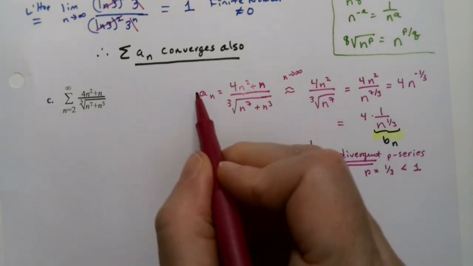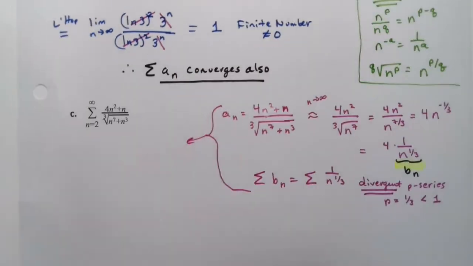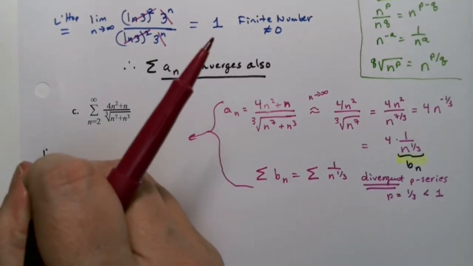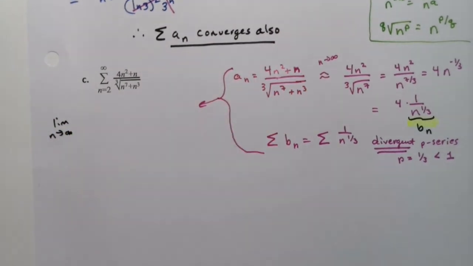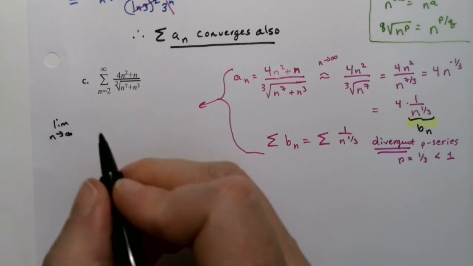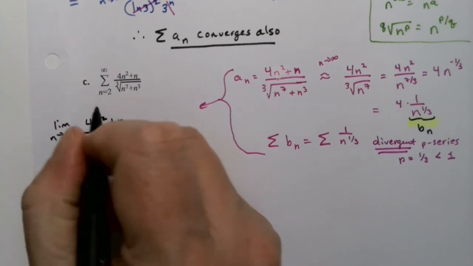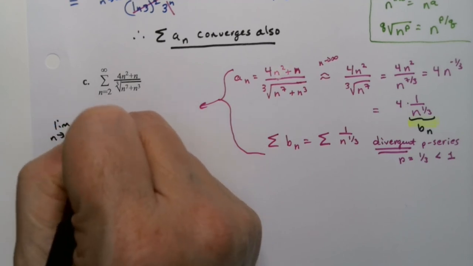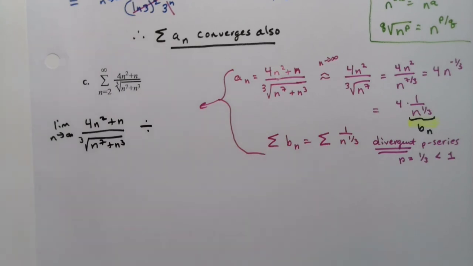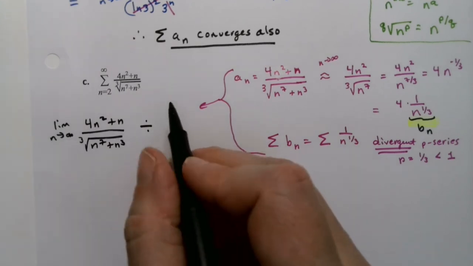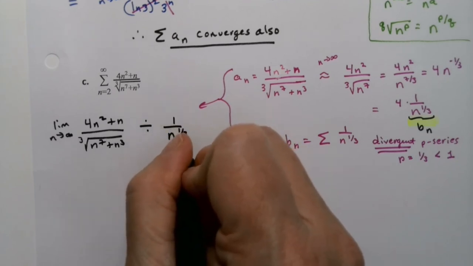All right, so then I can use all of that to inform my selection. So I'm going to take the limit as n goes to infinity of, this is going to get interesting, 4n squared plus n over the third root of n to the 7th plus n to the 3rd divided by this lovely series over here, which is 1 over n to the 1/3.